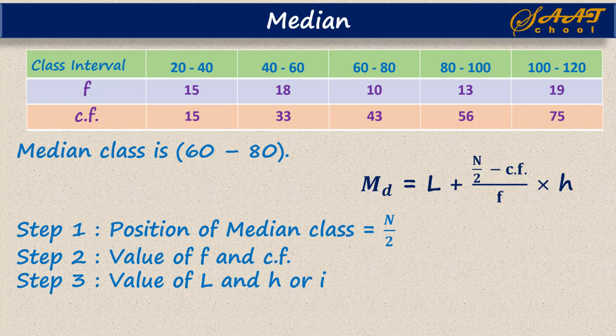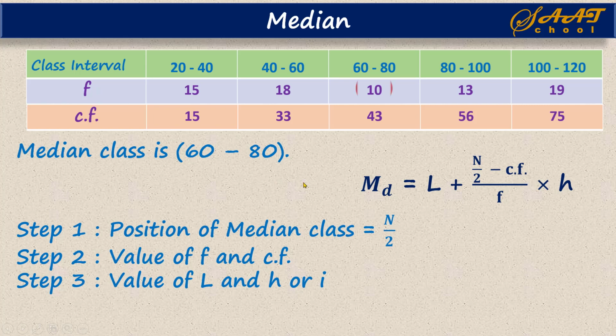H or I represent the same thing, the class interval, or you can say the height of the class. In this median class, 60 is the lower limit. In this case, the height of the class is 20. You find the difference of 80 and 60, which gives 20, and that's the value of H or I.